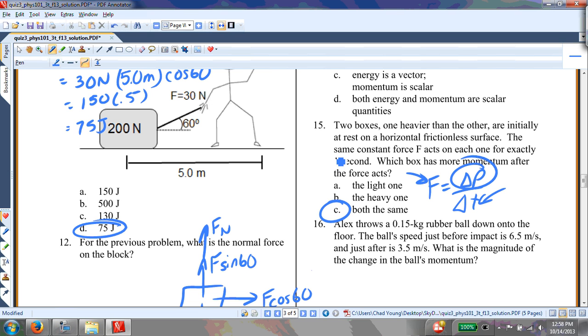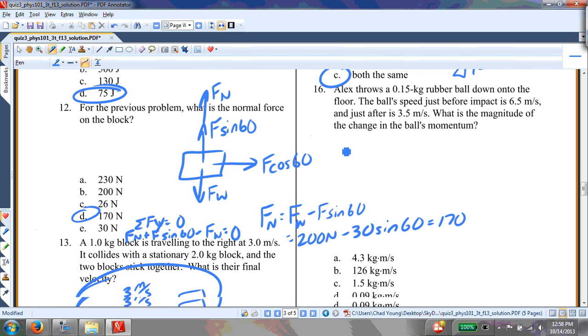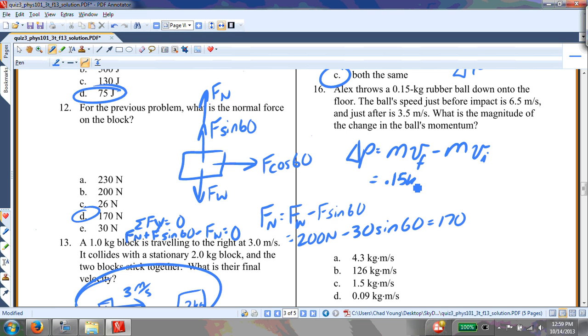All right, Alex throws a 0.15 kilogram rubber ball down on the floor. There's the ball speed just before impact and just after. What is the magnitude of the change in the ball's momentum? All right, so delta P equals M V final minus M V initial. That's going to be 0.15 kilograms, that's the mass.